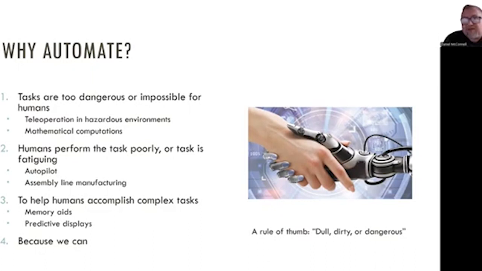A predictive display is something that we might see in aviation. It displays in the windscreen from the cockpit's perspective, or on a display inside the cockpit, the future trajectory of the plane.